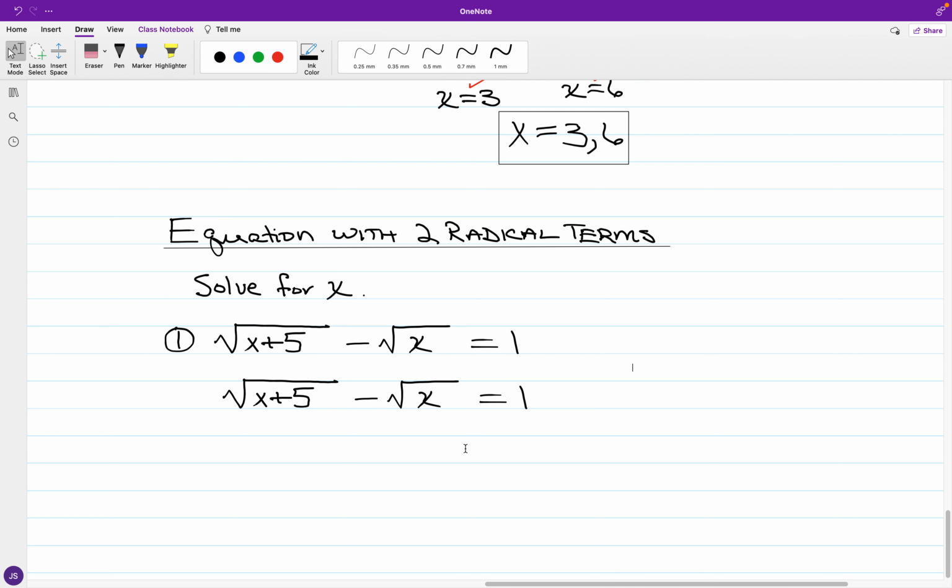In other words, that which might have the higher coefficient alongside x, or that which might have more terms inside the radical. So between the square root of x plus 5 and that of x, since we have 2 terms inside the radical, we can just isolate this term and move the square root of x over.